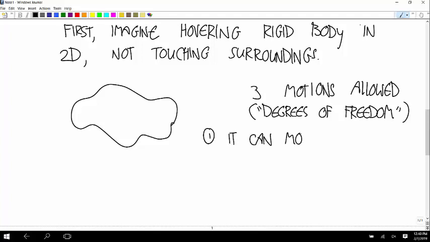It can move along an axis. Okay, so choose an axis.